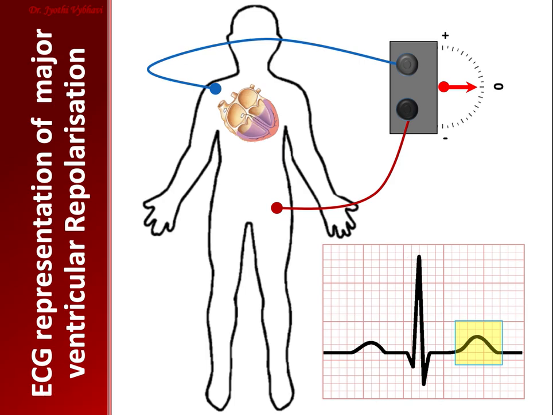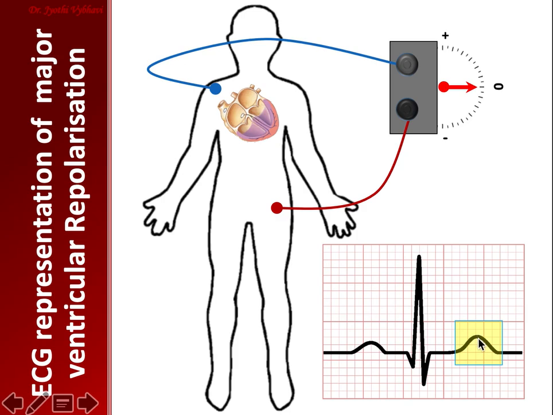Because you remember, depolarization is a fast process. You remember the action potential. Depolarization is a fast process by the fast sodium channels, and repolarization is a gradual process by the slow potassium channels. That's one reason.